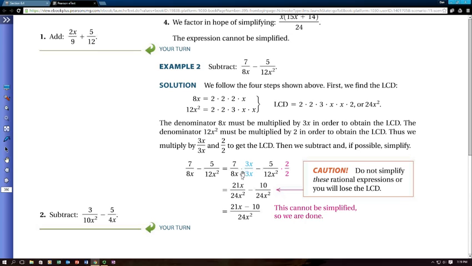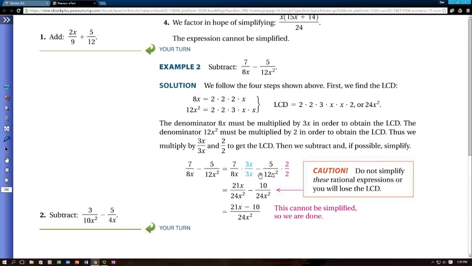So I do the multiplications and I end up with these new fractions, 21x over 24x squared minus 10 over 24x squared. And this is a good caution. I see this all the time. If you're trying to memorize process, why are we doing this?